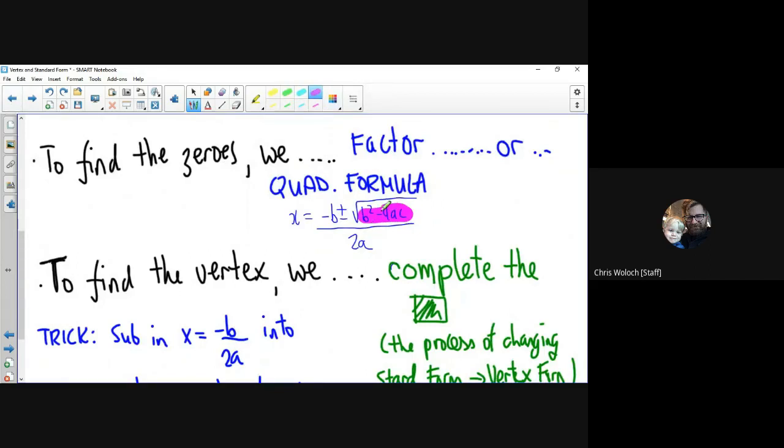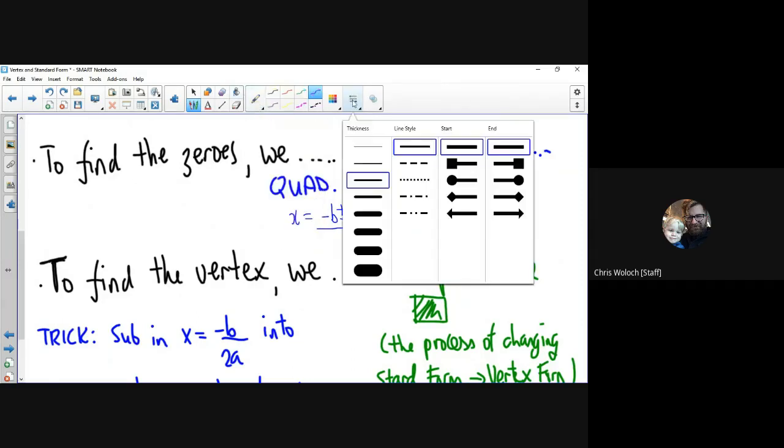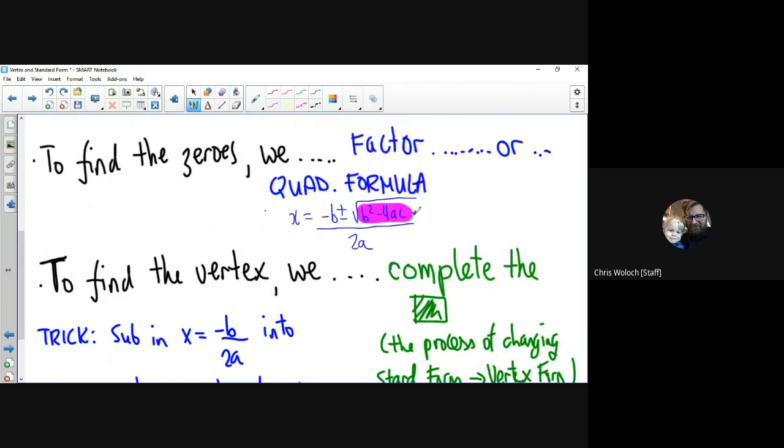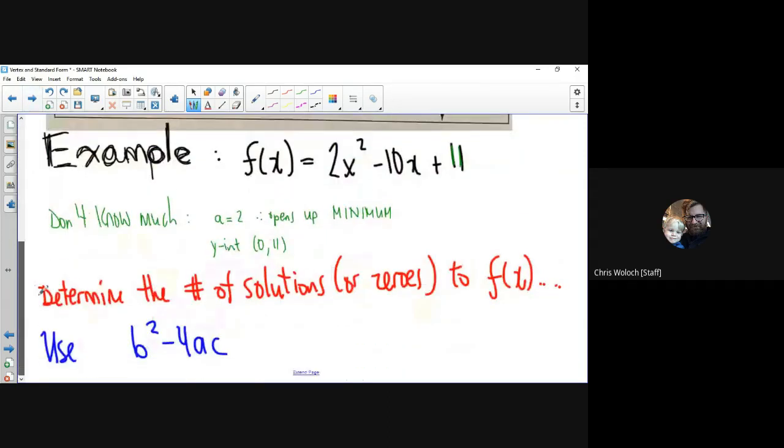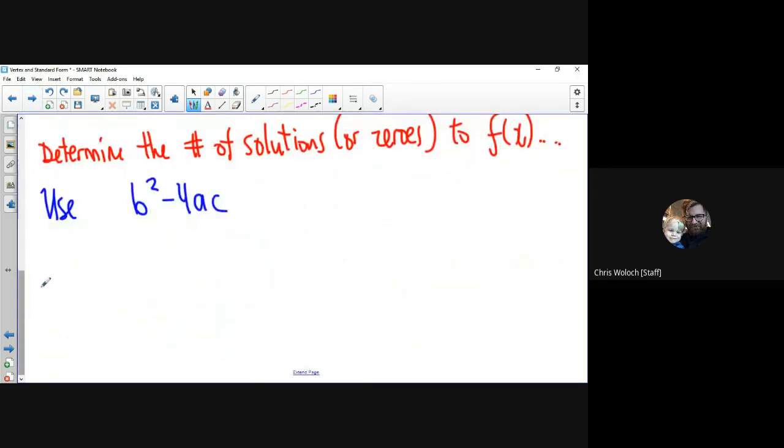So the thing, not the root itself, the thing under the root, the discriminant. So again, what do I need to use? I'm using this formula. I need to figure out what is a, what is b, and what is c, and then I plug it in and just have fun.